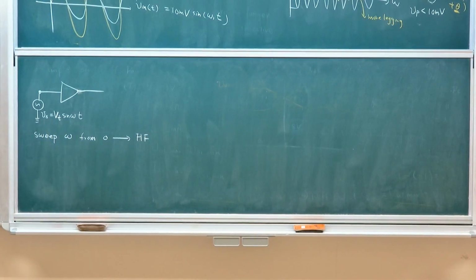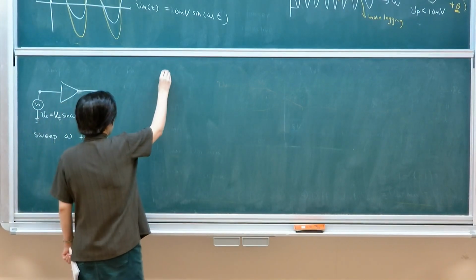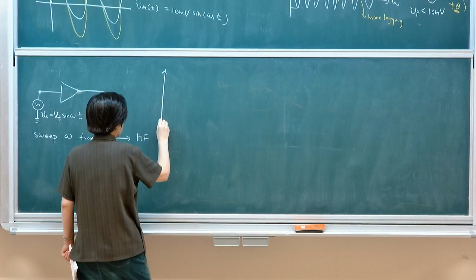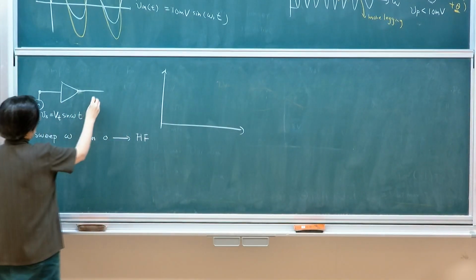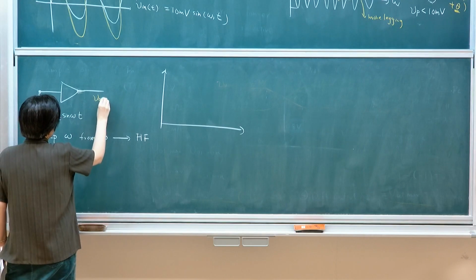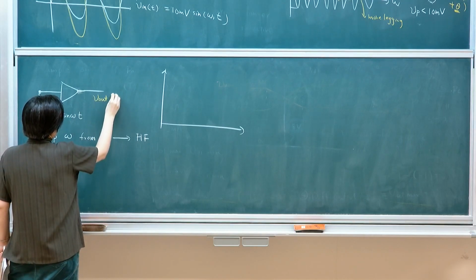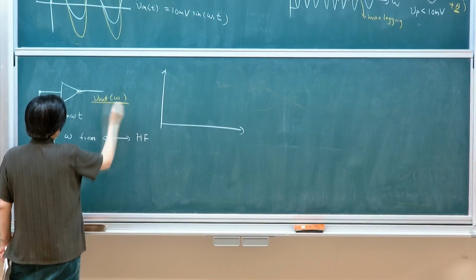So you start with a low frequency and sweep all the way to maybe 1 gigahertz. So once I sweep different signals, I'm expecting to get VL as a function of frequency as well. I should be able to get this.